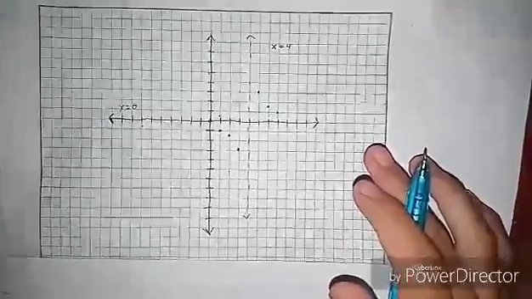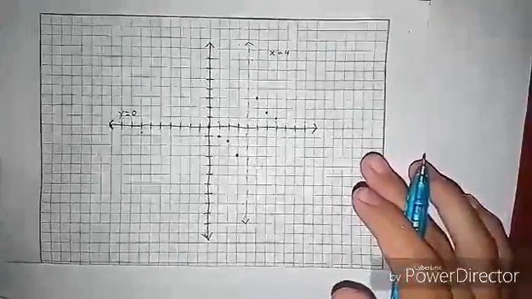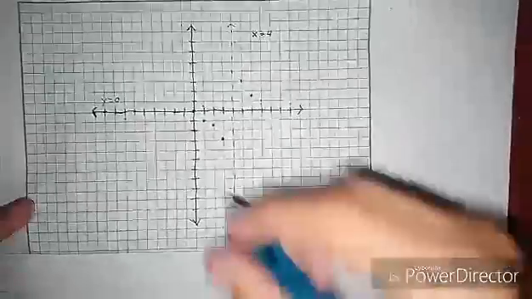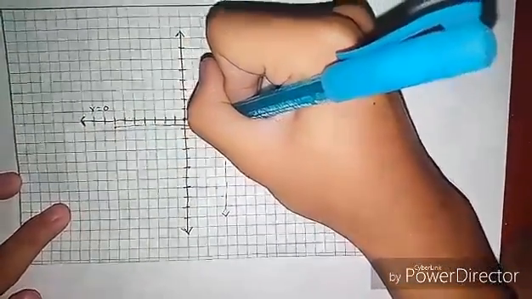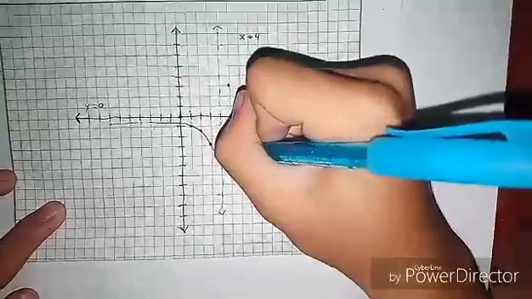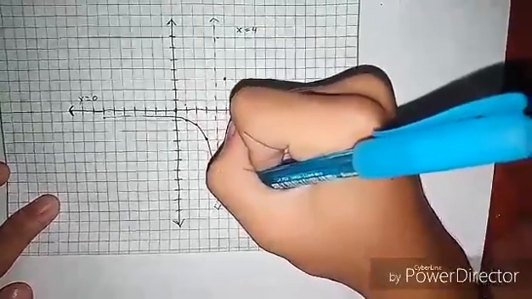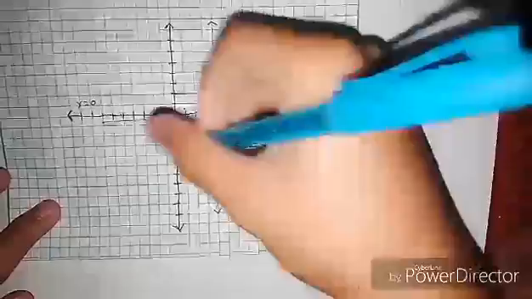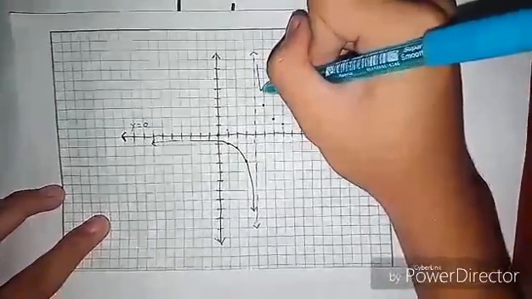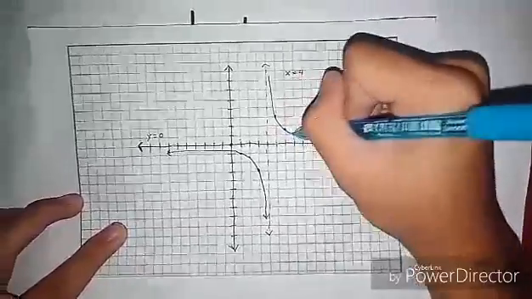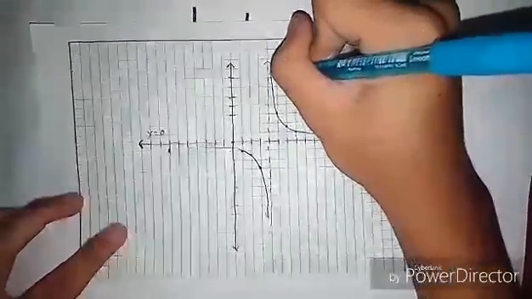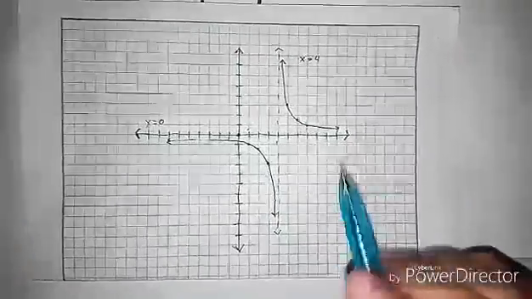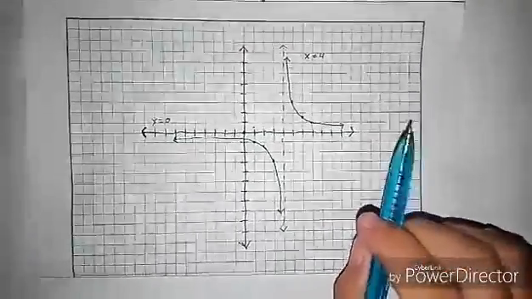When we graph it, the line will go closer and closer but will never reach the asymptote. So this is how to graph a rational function.